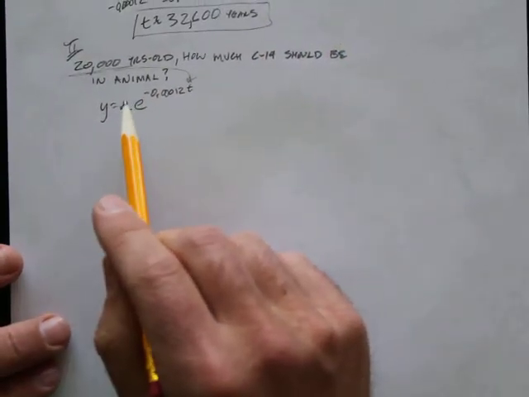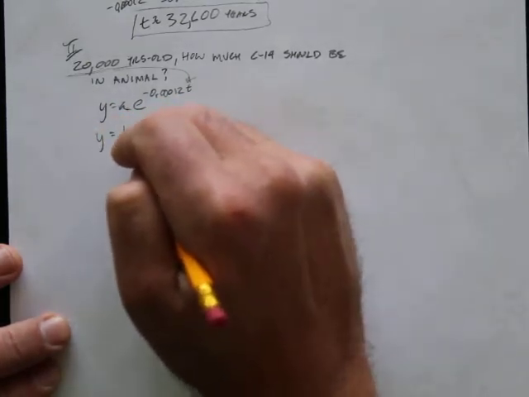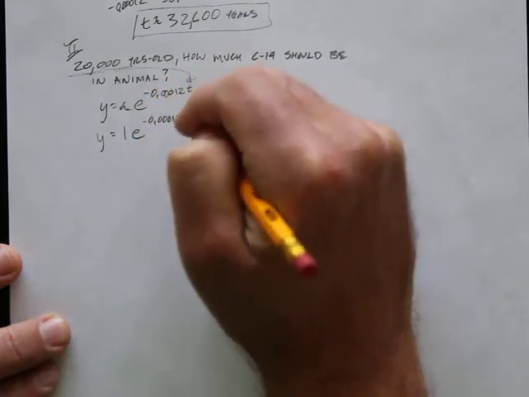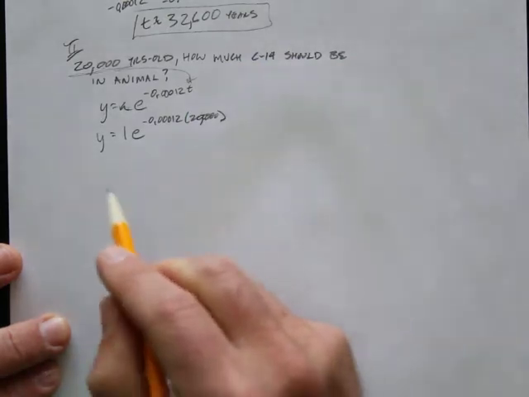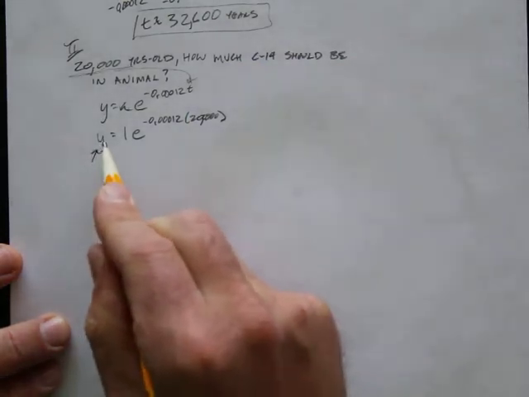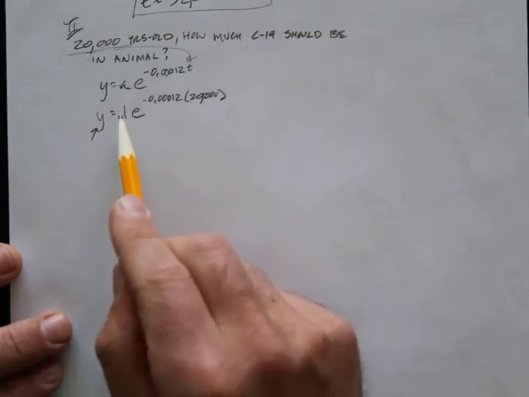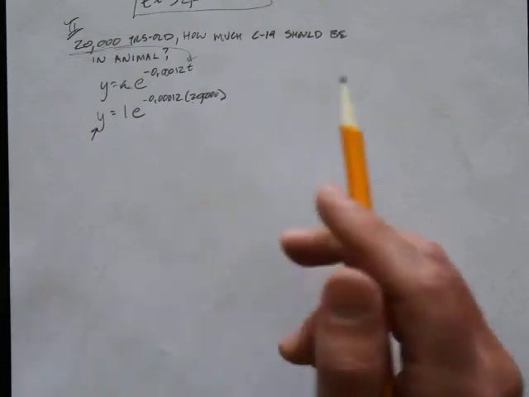So we're going to say y equals 1 times e to the negative 0.0012 times 20,000. And we're going to try to solve for this, which is the amount of carbon-14 left in the animal after 20,000 years.